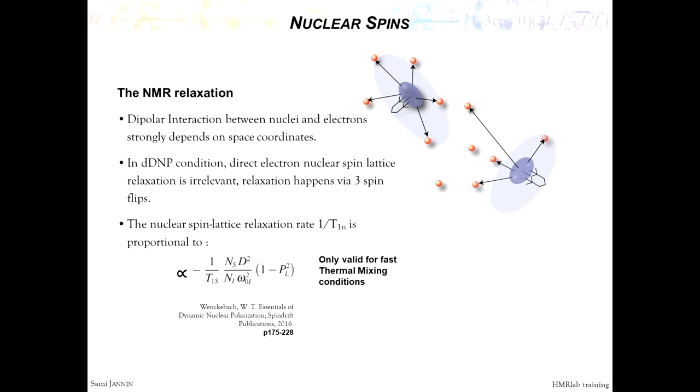This is the rate. Okay, so we have very, very long T1. Unless the polarization of the electron goes down, then we have flip-flops, and that connects to the nuclear spins and creates relaxation.